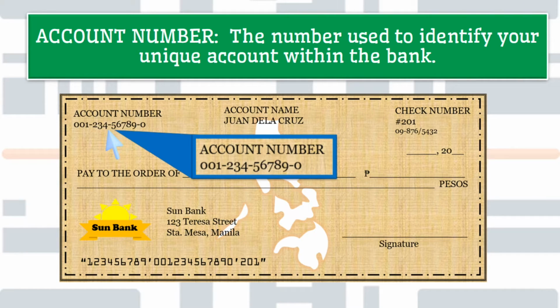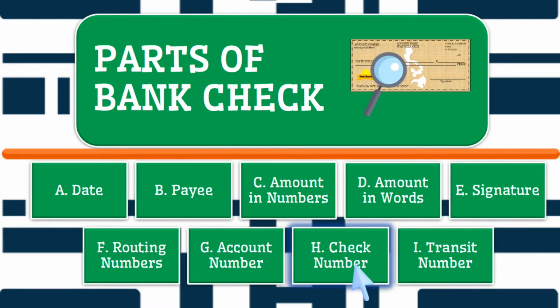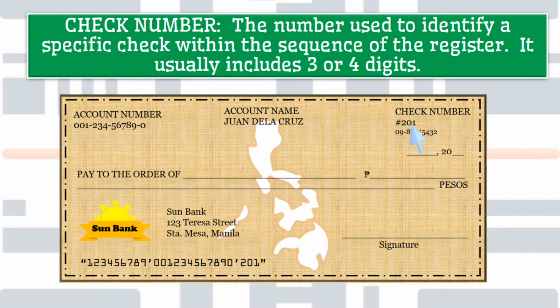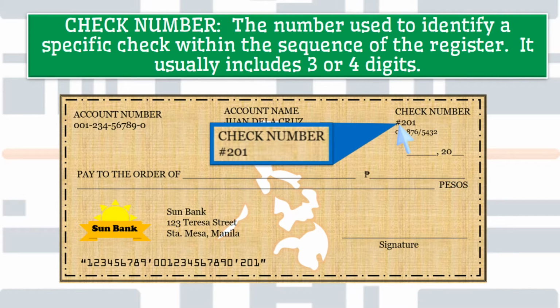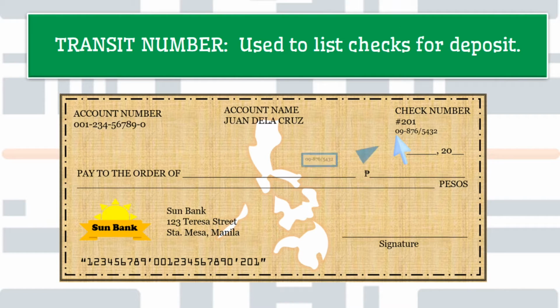The number used to identify your unique account within the bank. Check number. The number used to identify a specific check within the sequence of the register. It usually includes 3 or 4 digits. Transit number. Used to list checks for deposit.